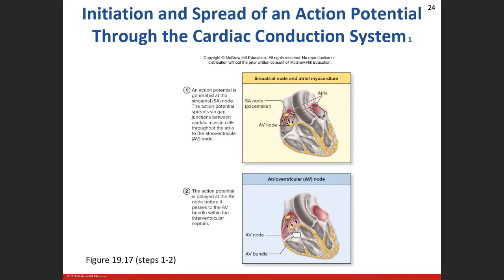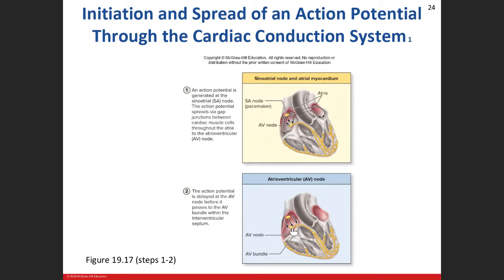While that's going on, the AV node is going to slow down our conduction signal for a moment. It does that because our conduction can only go in this pathway. They call it the skeleton of the heart, not like a bony skeleton, but a fibrous tissue skeleton, which forces the depolarization signal in this direction towards this structure here.